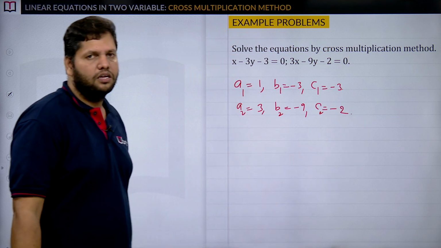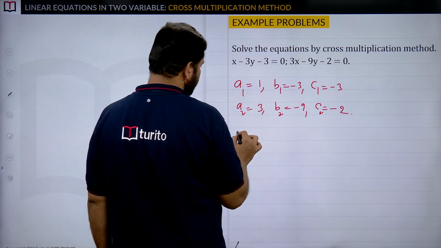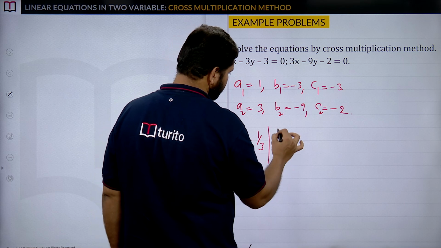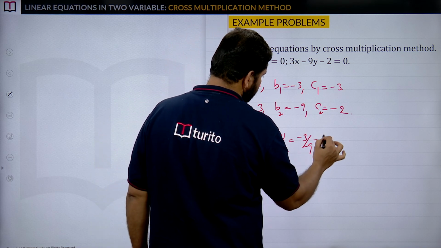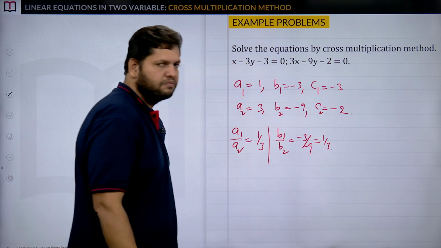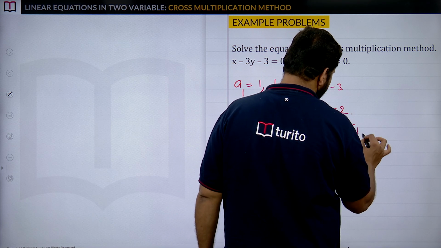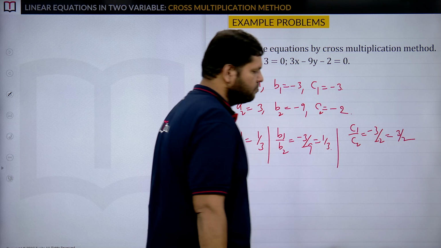Okay, children? First, we will find the nature of the solutions. So, A1 by A2 is equal to 1 by 3, and B1 by B2 is minus 3 by minus 9, that is again 1 by 3. And C1 by C2 is minus 3 by minus 2, so we can say it is 3 by 2.